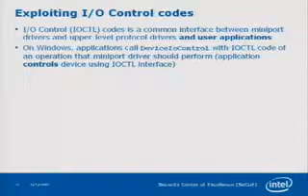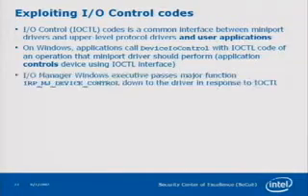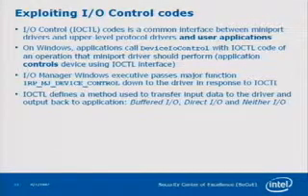Therefore, a user mode application can control the device using this IO control interface. The IO Manager, a Windows Executive component, passes the major function device control down to the driver in response to this code. The IO control defines a method used to transfer input data to the driver and output data from the driver back to the application.